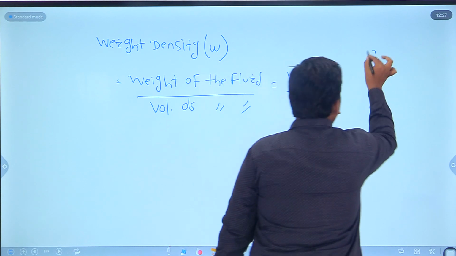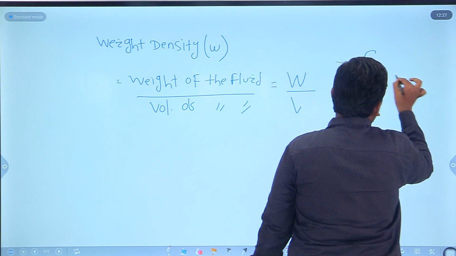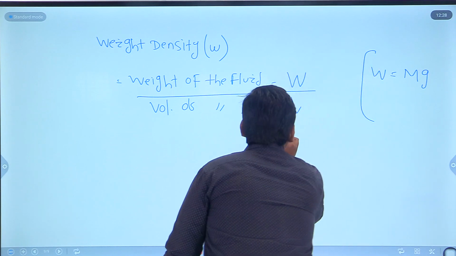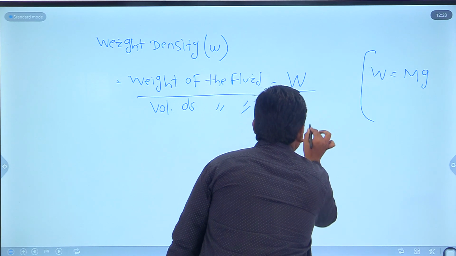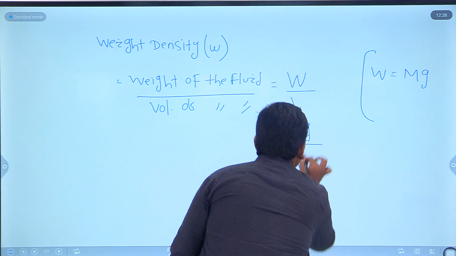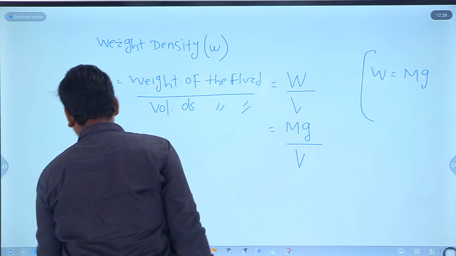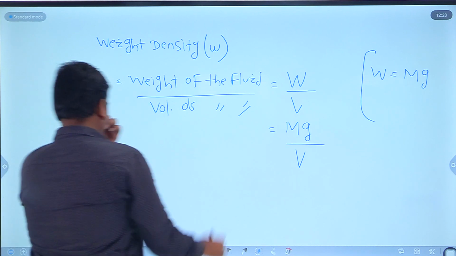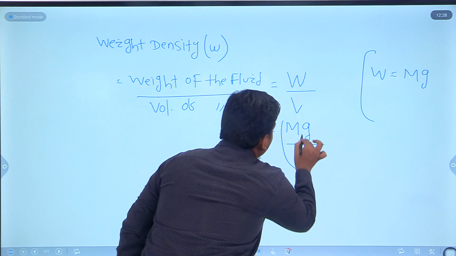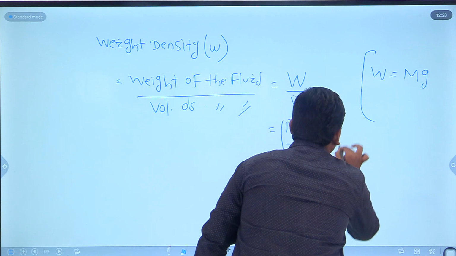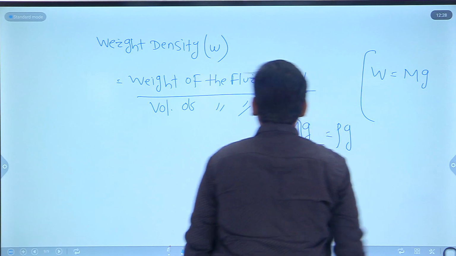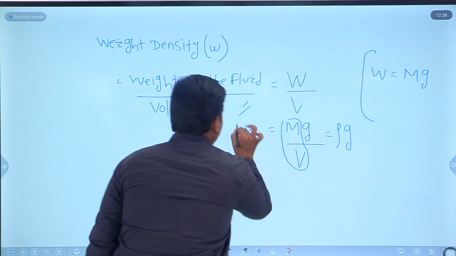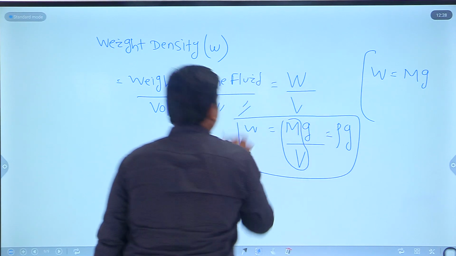We know that W is equal to mg, mass into acceleration due to gravity. Put this mass into acceleration due to gravity by v. Previously we know that rho is equal to m by v, so the m by v term becomes rho g. Weight density, small w is equal to rho g.